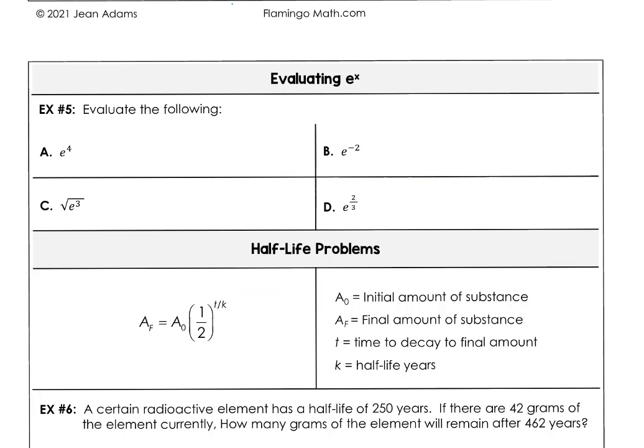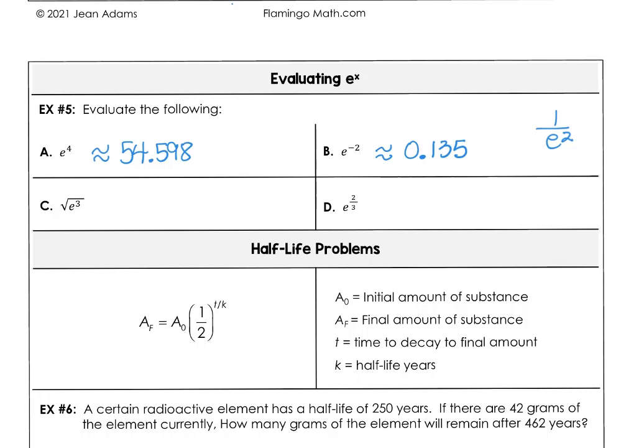In example 5, we're going to use the calculator to evaluate e to the 4th. And I get about 54.598. E to the negative 2 power is the same thing as 1 divided by e to the positive 2. And that's about 0.135 behind the decimal.